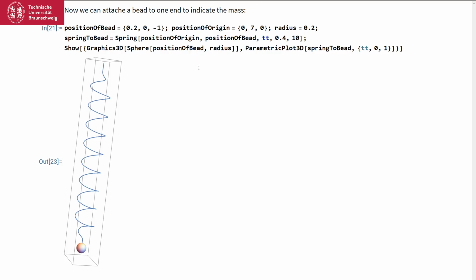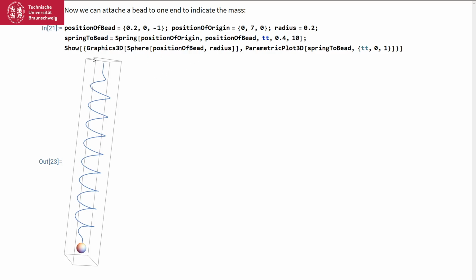And then we want to attach a bead to the end. So I have a position of the bead. The position of the bead obviously is the end of the spring. So we have a position of the origin and a position of the bead. Then we have a radius of the bead, and then we can draw the spring from the position of the origin to the position of the bead.